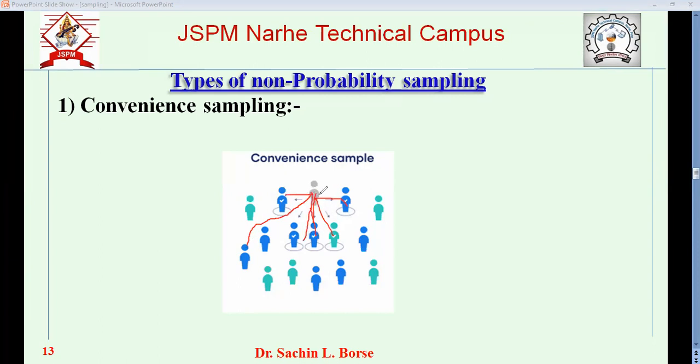If the person is far away, it will be difficult to meet and arrange things. It will take time and energy. So this is convenience sampling, where we can easily approach the respondent.